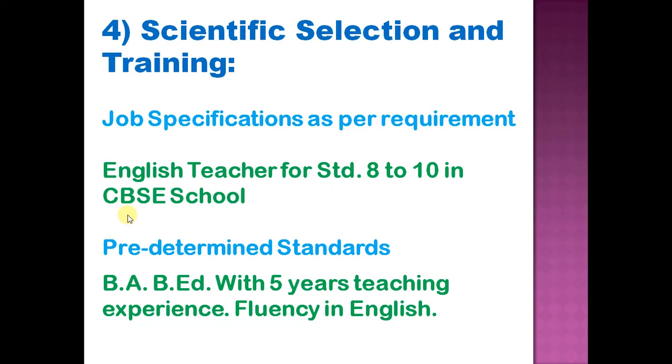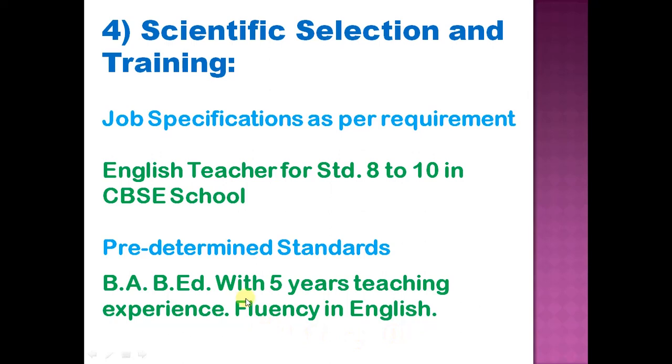Now for this job, what will be the predetermined standards? Of course, we need BA, B.Ed with 5 years of teaching experience, and the teacher must have fluency in English. So we will select the teacher on the basis of these standards. If the candidate is fulfilling these standards, then we will select them.